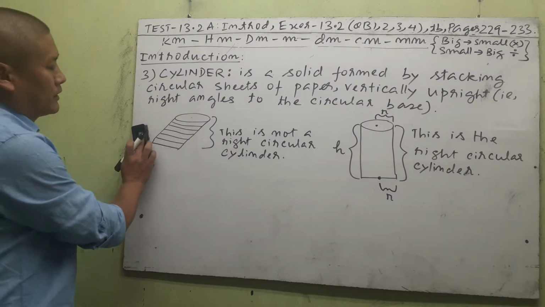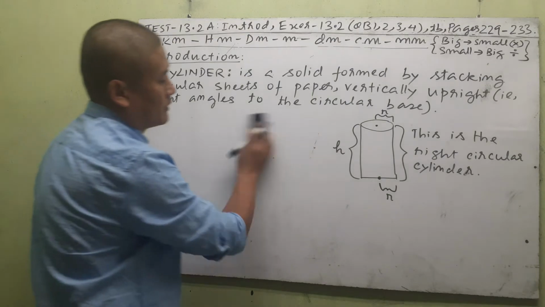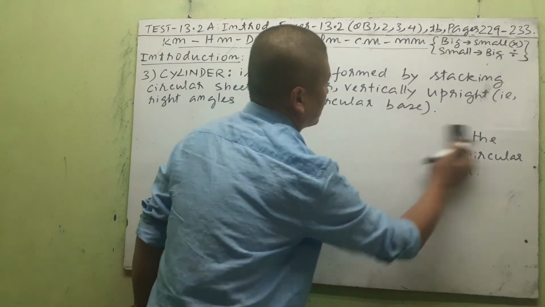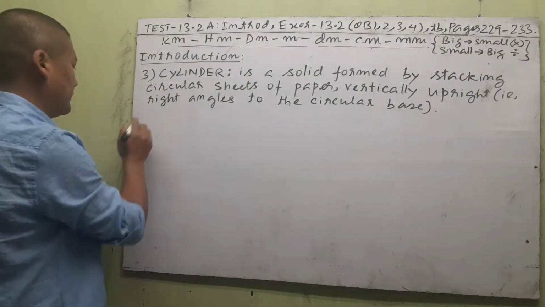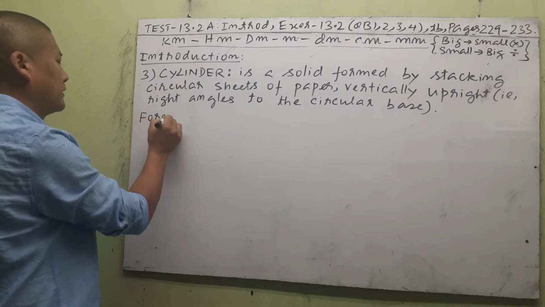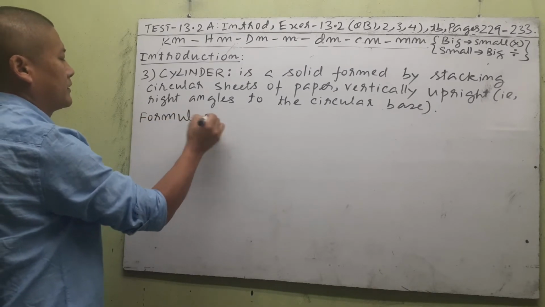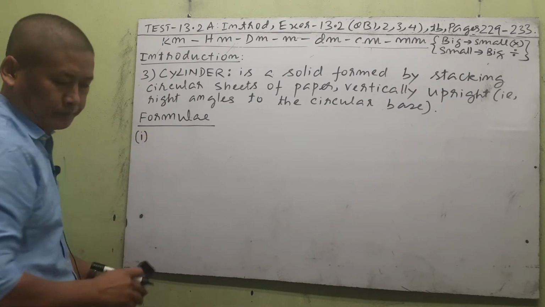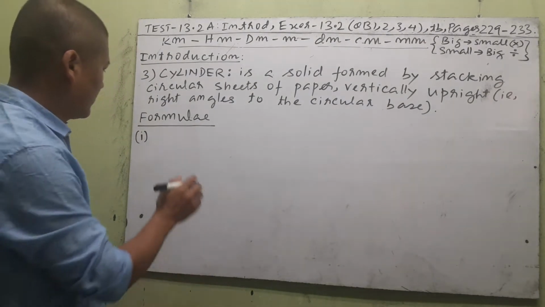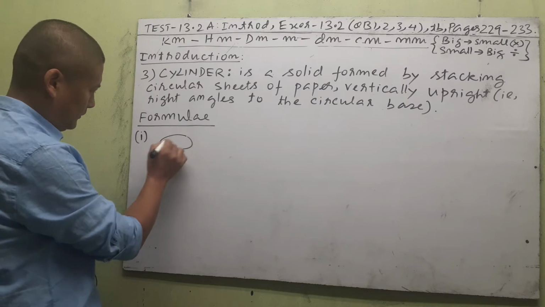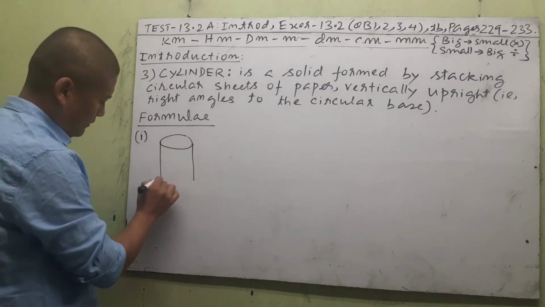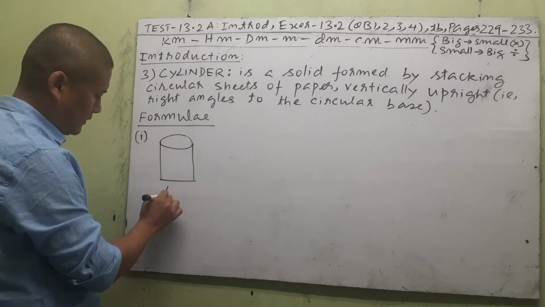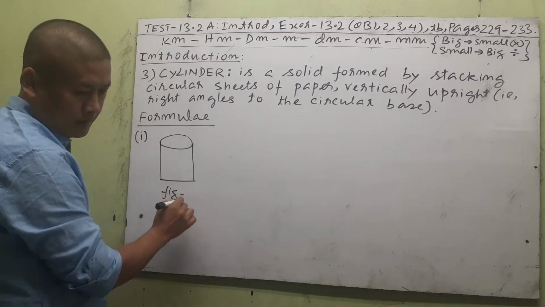Now let us go and discuss the formulas. There are two basic formulae related to cylinders in this chapter. Formulas, plural is formulae. The first one: to discuss this, let us take a cylinder. Let me do it in a practical manner. This is figure 1.